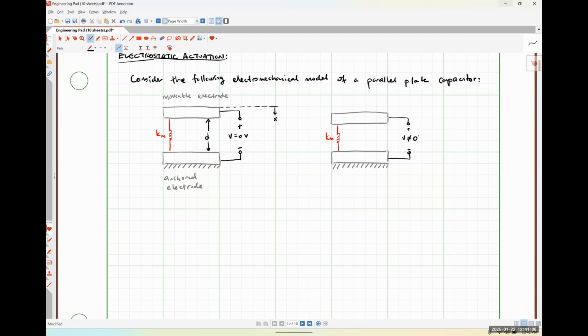But either way, there is an equal and opposite amount of charge on both of the plates. And according to Coulomb's law, those two plates should attract each other, so that the new distance between the plates is going to be d minus x, where once again, x represents the plate displacement that has happened.